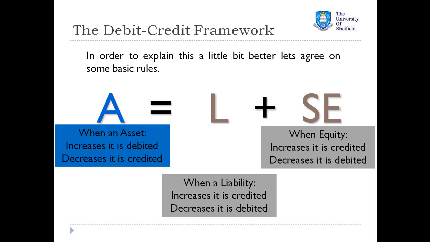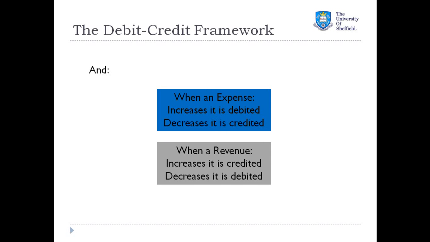And finally, for the equity, the same thing happens as with the liabilities. If we have an increase from a transaction, this means that it is being credited. If we have a decrease, then that will mean that this is going to be debited in the respective T account. And finally, when we're discussing expenses and revenues that have to do with the income statement, expenses are debited when they increase, or credited when they decrease.